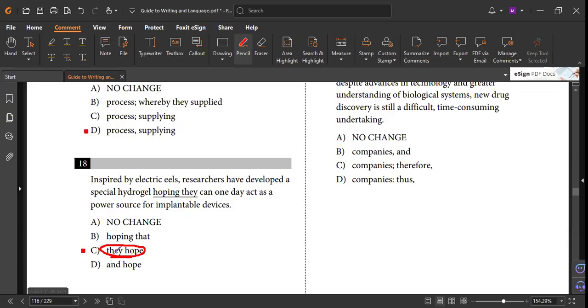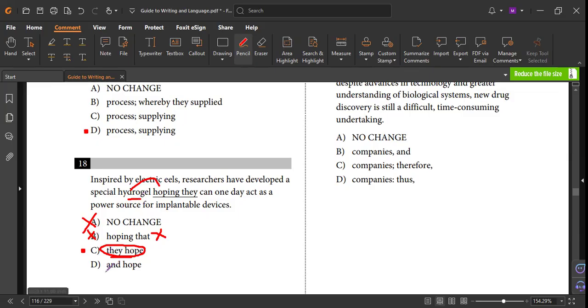As I told you, sometimes we can delete the relative pronoun. So a special hydrogen, which they hope can one day act. Because "hoping" here does not work. And hoping, what is hoping exactly? The hydrogen. So hoping, and here hoping again, how? So A and B are not logical because hydrogen cannot hope.